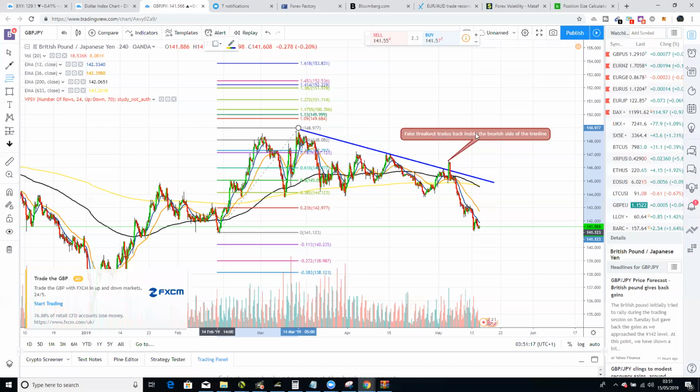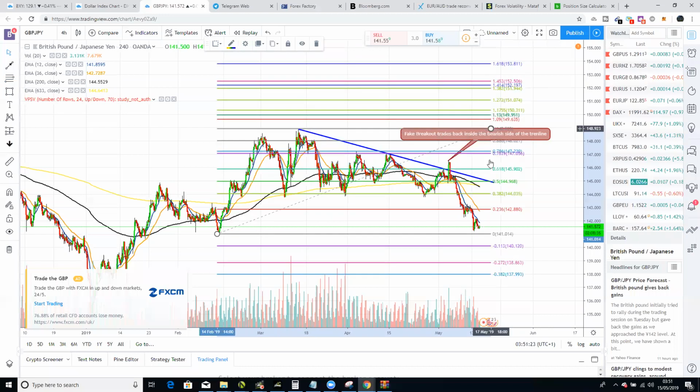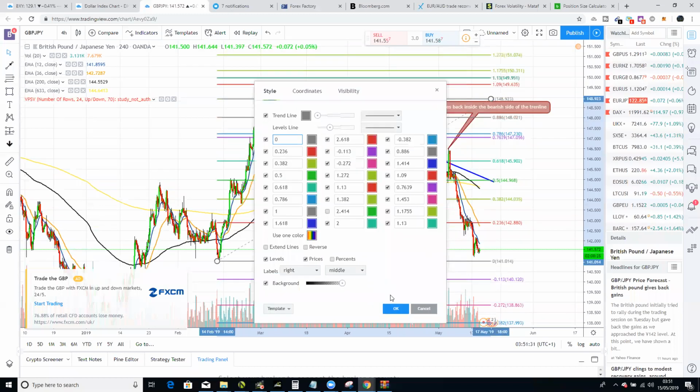Put your Fibonacci tool on top of it. Okay. And then obviously you want to measure the retracement.